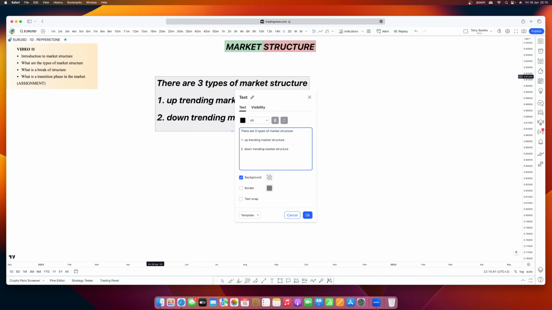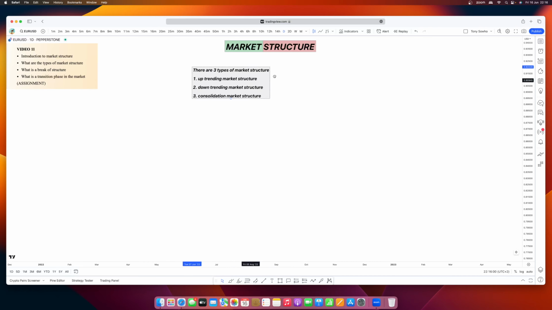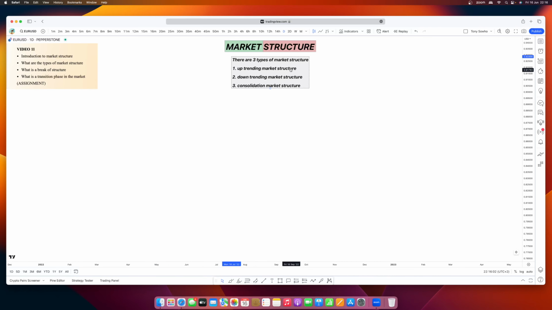And number three, we have the consolidation market structure. So exactly, these are the three types of market structure that we have. Number one is the uptrending market. Number two is the downtrending market structure. And number three is the consolidation market structure.